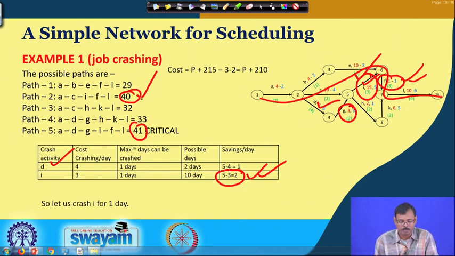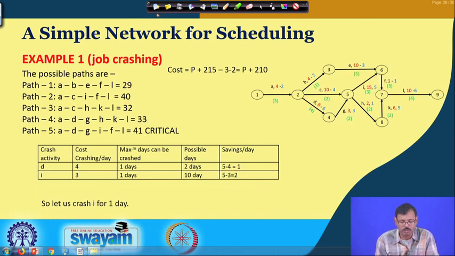But the moment we crush I for whichever days it is, it will also reduce the path length of path 2. So as per our option we need to crush I for 1 day, but as it is the common job between these two, we have found a gap of 7 days to the next near critical path of path 2.